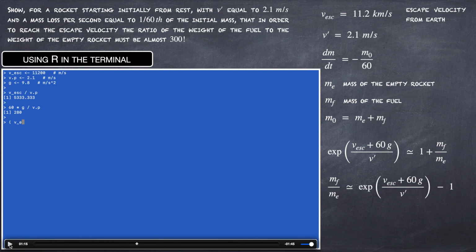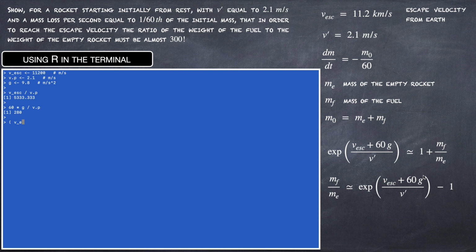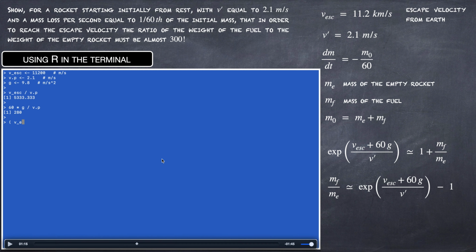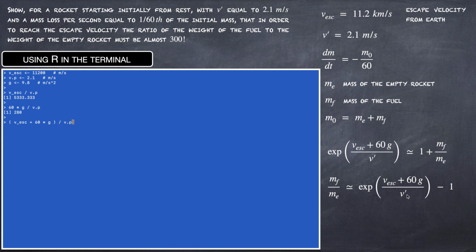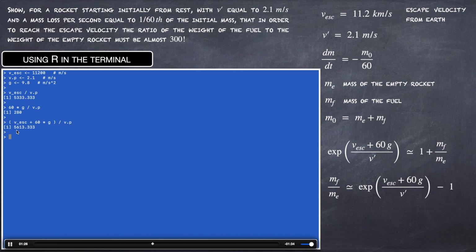So this is just to emphasize that if the approximation that we are doing is introducing an error, an important error here, this is not the case, because this term is not so relevant compared to this term, as we are going to see next. So now, the escape velocity plus 60g over v prime. This is equal to 5,600, close to this value here, when you consider only the escape velocity.